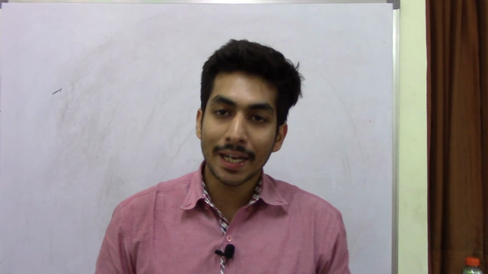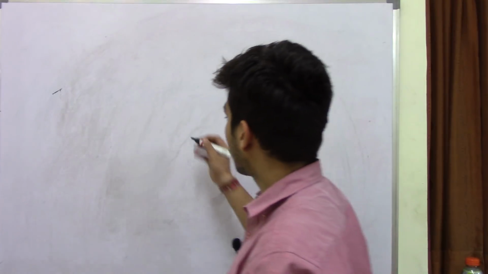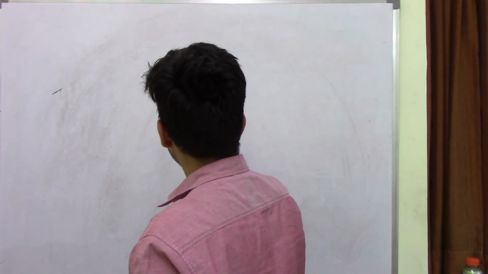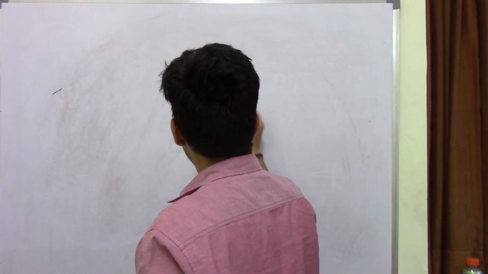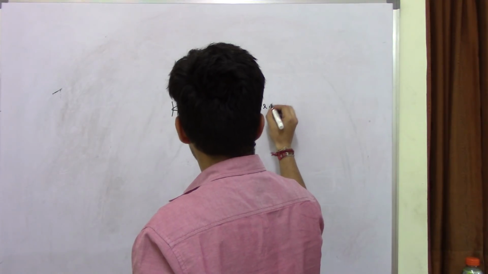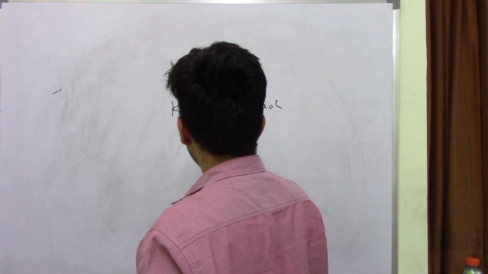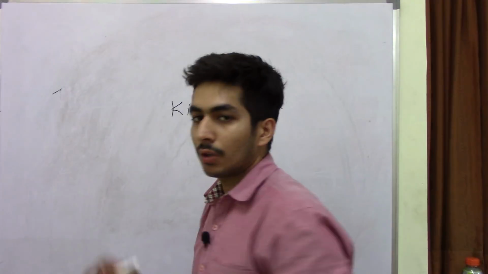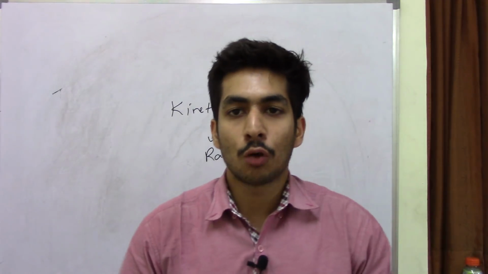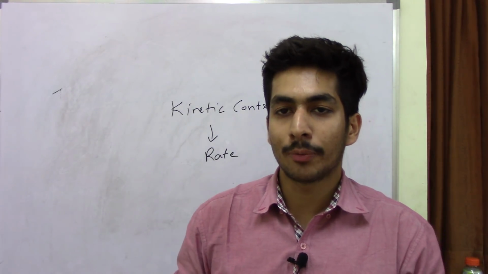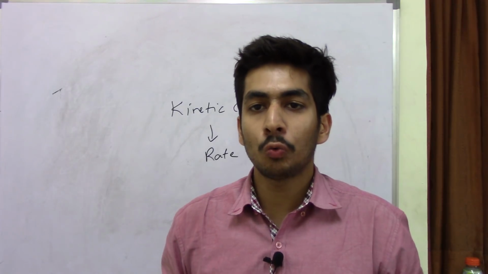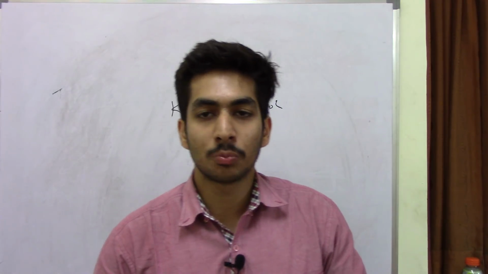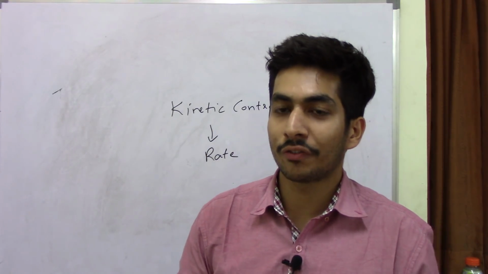And when I talk about kinetic control, I am talking about the rate of the reaction. Okay, so when I'm talking about the kinetic control, I'm talking about the rate of the reaction, and when I'm talking about the thermodynamic control, I'm talking about the stability. So how do we decide which is more stable and which is faster, right?